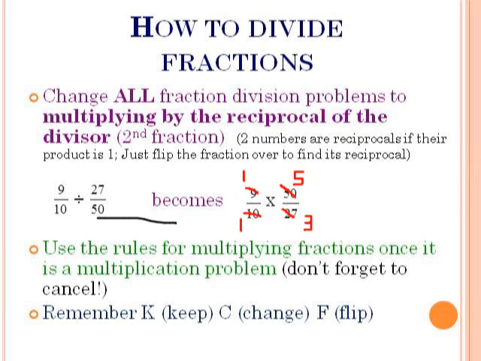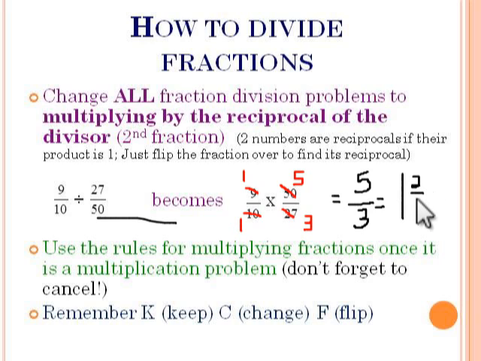So now I want to multiply. 5 times 1 is 5, and 3 times 1 is 3. Now you'll notice that's improper, so I would need to reduce, rename. That's always something we do. How many 3's in 5? 1 with 2 left over.